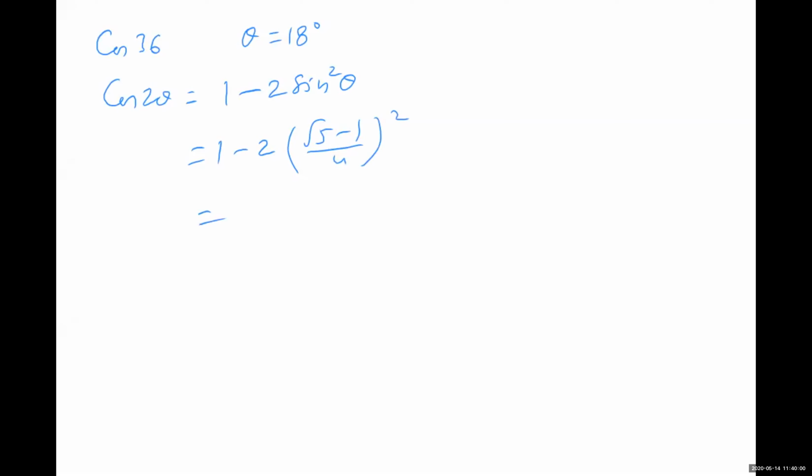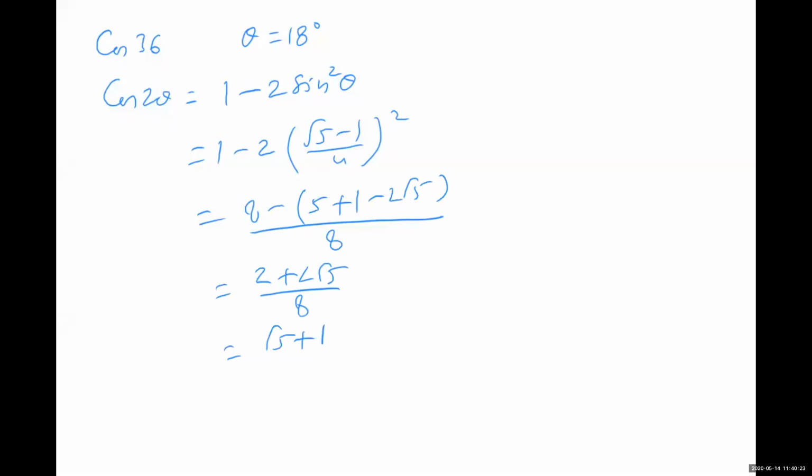So this is 8 minus 2, 5 plus 1 minus 2 under root 5 upon 8. So this will be how much? 8 minus 6 is 2 plus 2 under root 5 upon 8, which is equal to under root 5 plus 1 upon 4.